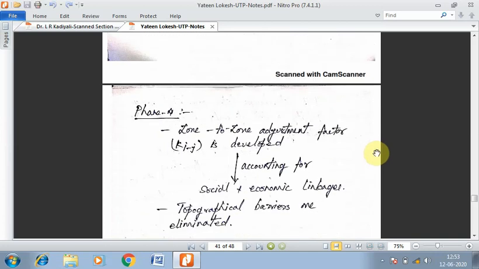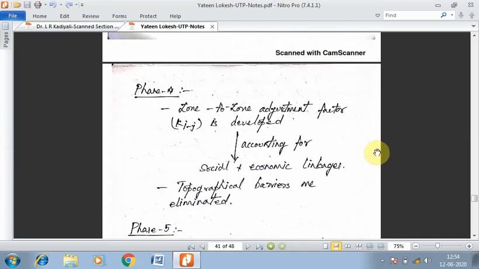Then you will be moving on to the next phase, which is phase 4, wherein the zone to zone adjustment factor Kij is developed, accounting for socioeconomic linkages.